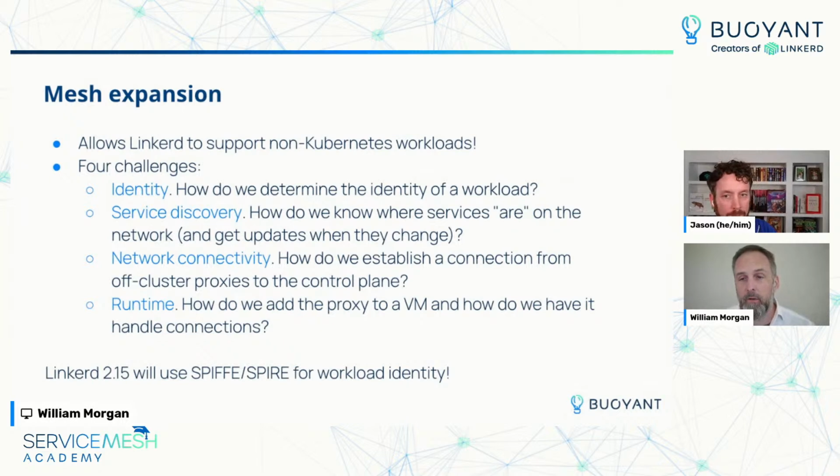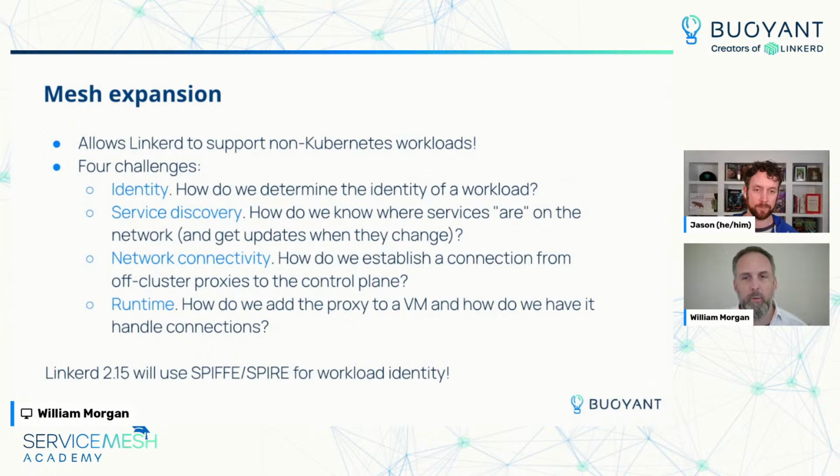Network connectivity is another. Within the cluster, you have all these guarantees that any pod can talk to basically any other pod, and then you can set up network policies. Outside the cluster, of course, we need some way of establishing a connection from the micro-proxy back to the control plane. And then finally, there's the challenge of runtime. Within Kubernetes, if you start up a pod, we have all these tools, like mutating admission controllers, where we can inject the proxy automatically for you.